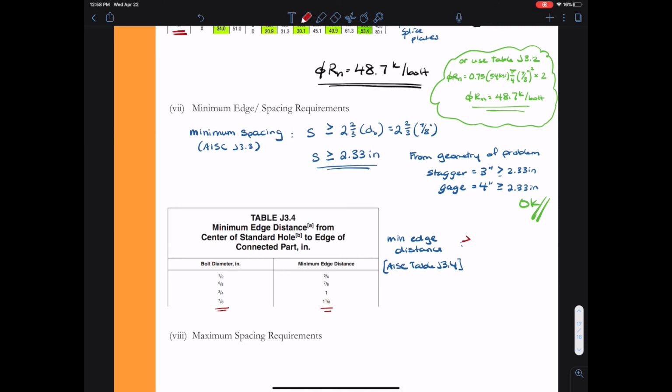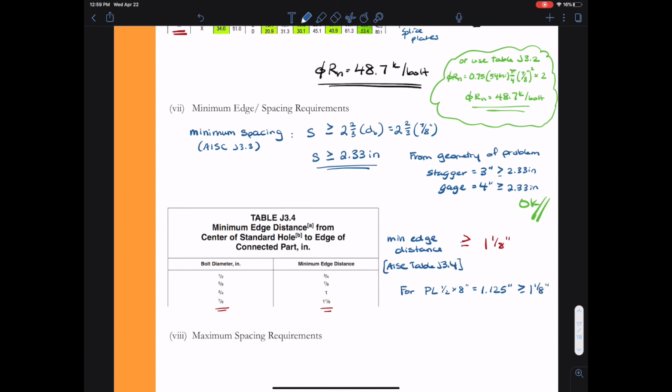So I'll go ahead and highlight those values in the table. My minimum edge distance has to be greater than or equal to 1 1/8 inch. My calculations for shear tearout, I calculated those edge distances, and my lowest edge distance was for the PL 1/2 by 8 inch member, which had an edge distance of 1.125 inches.